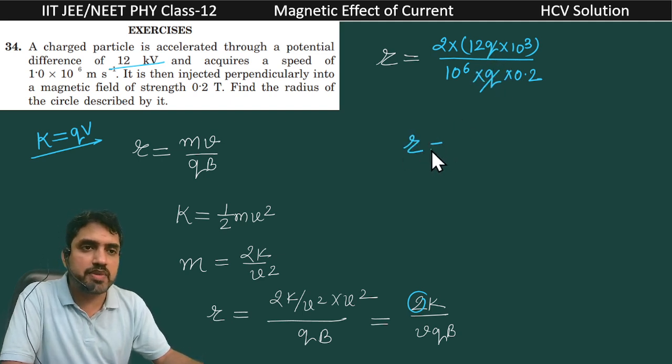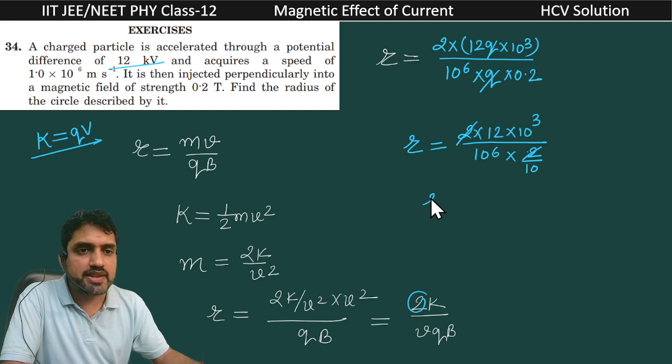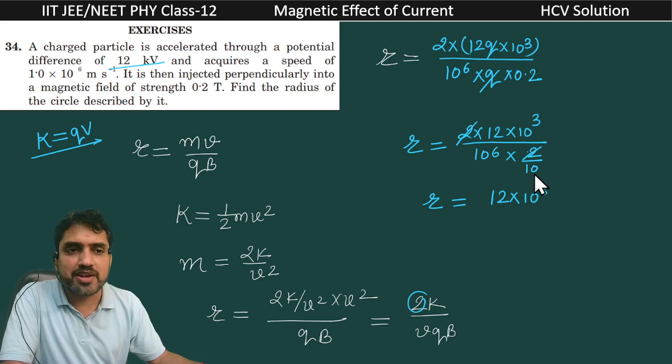Now r will be 2 into 12 into 10 raised to power 3 divided by 10 raised to power 6 into 0.2, and this 0.2 can be written as 2 divided by 10. So this 2 will cancel out, and r will be 12 into 10 raised to power 3, and 10 raised to power 6 divided by 10 will become 10 raised to power 5.